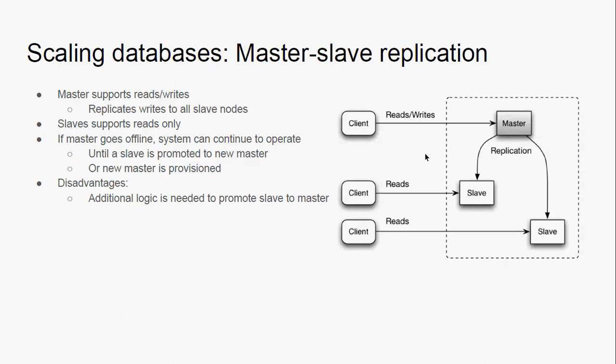Meanwhile, you can see what caused the master to fail, get it up and running and have it back as a master or even acting as a slave, until another system goes down. The only disadvantage here is that additional logic is needed to promote a slave to master.